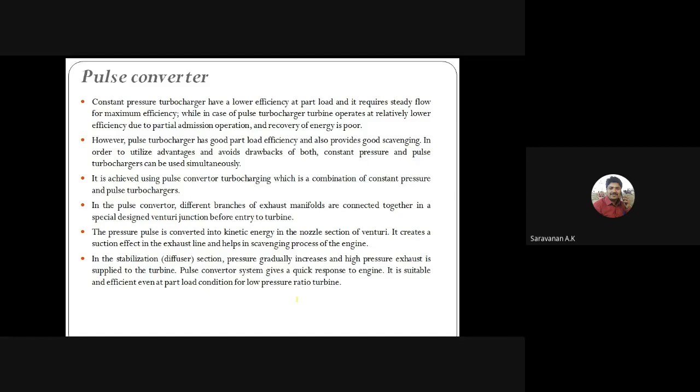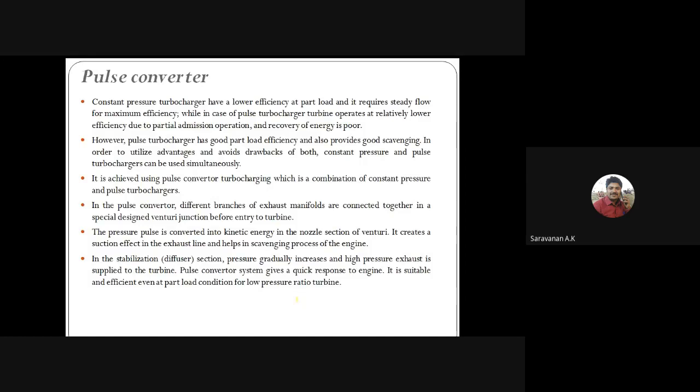In order to utilize the advantages and avoid the drawbacks of both the earlier ones, that is the constant pressure turbocharger and the pulse turbocharger, we can achieve pulse converter turbocharging, a combination of the previous two.